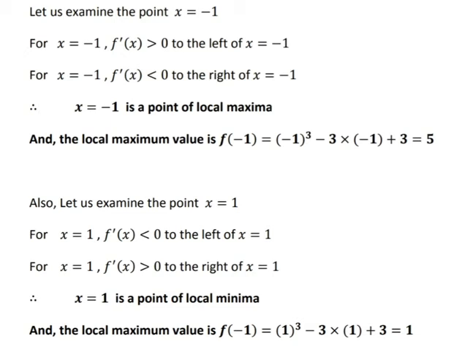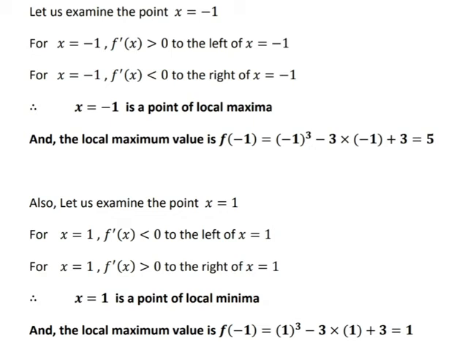So if you have taken that number, substitute that number in the expression of f prime of x and find out the value that you get from there. So if it is greater than 0, it means that the slope of the tangent is positive.